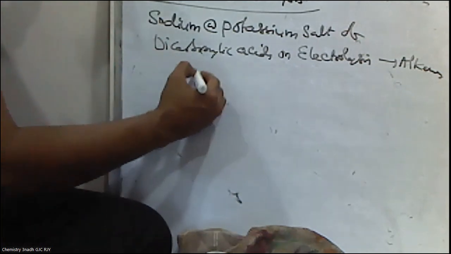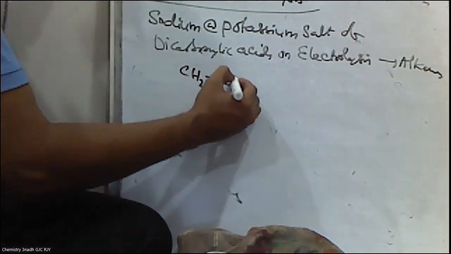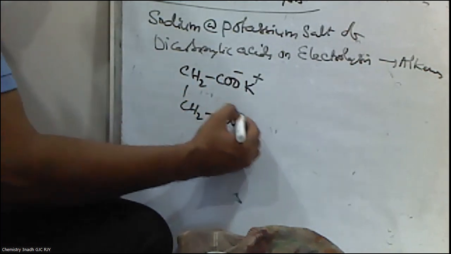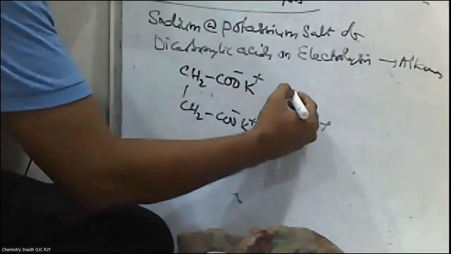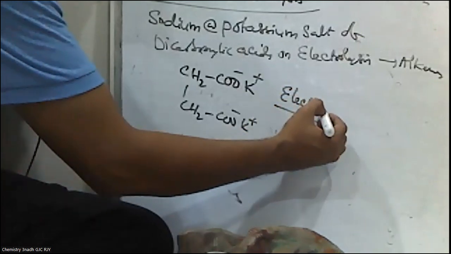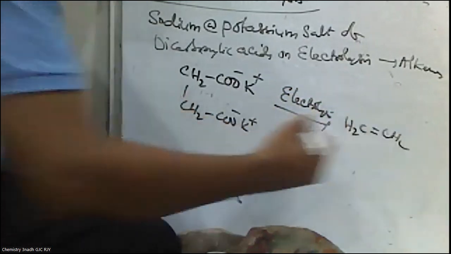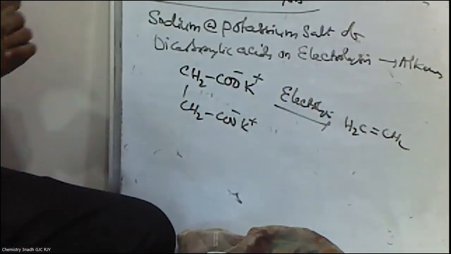Let me take one example. For example, CH2COO⁻K⁺, CH2COO⁻K⁺. On electrolysis, we will get CH2=CH2.